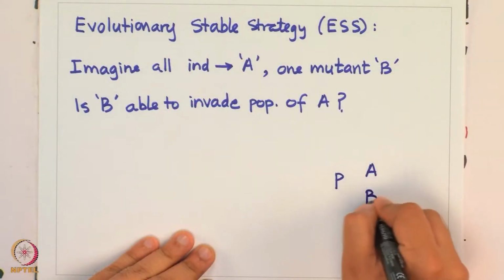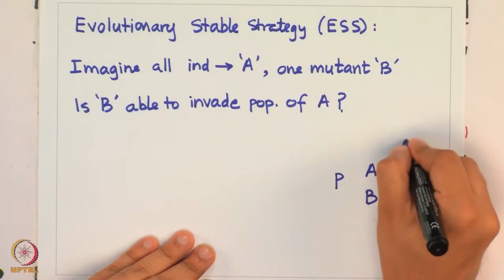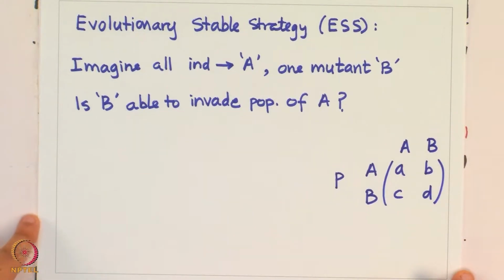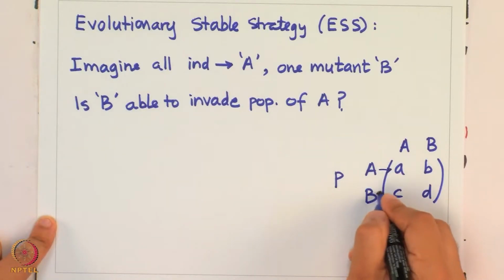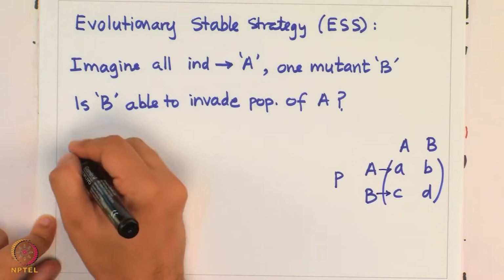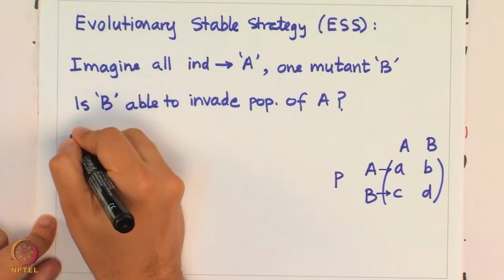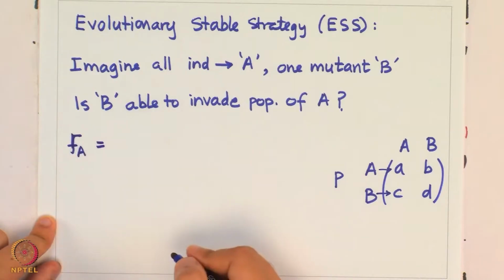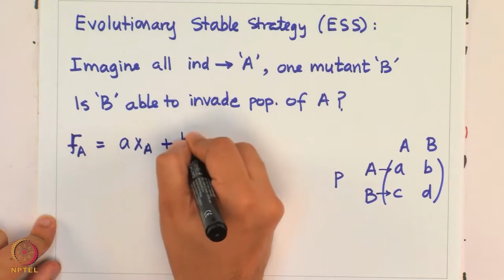So if my payoff matrix looks like this, how can we comment on whether a particular strategy is an ESS? All individuals are of type capital A, and now we have one B type individual. When this B type individual is introduced, what is the fitness of the A type individual? What is FA? FA is just going to be equal to A times XA plus B times XB.